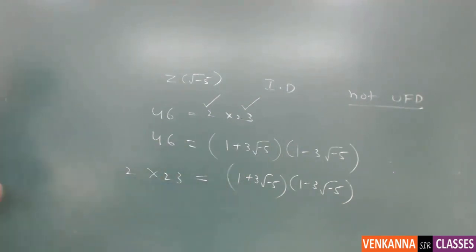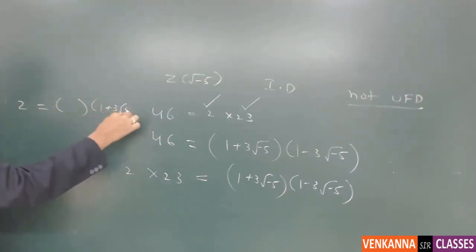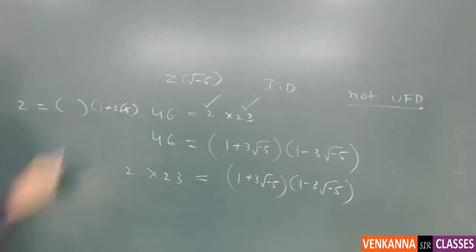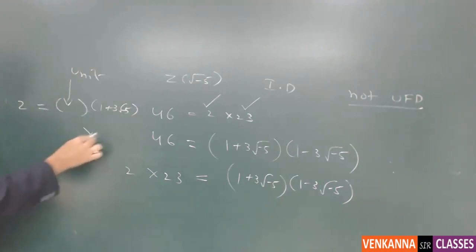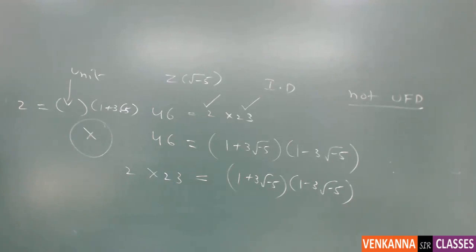Now I will prove that 2 cannot be a multiple of anything on the right hand side. So here you should get a unit. This case will not be possible. So one element cannot be an associate of another element on the right hand side. That you can cross verify. Because you cannot find a value such that 2 is a multiple of the other thing on the right hand side.